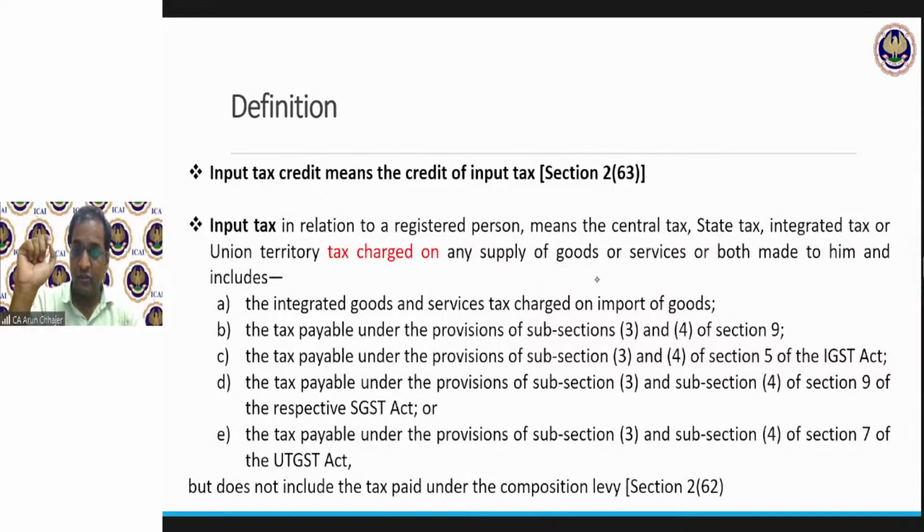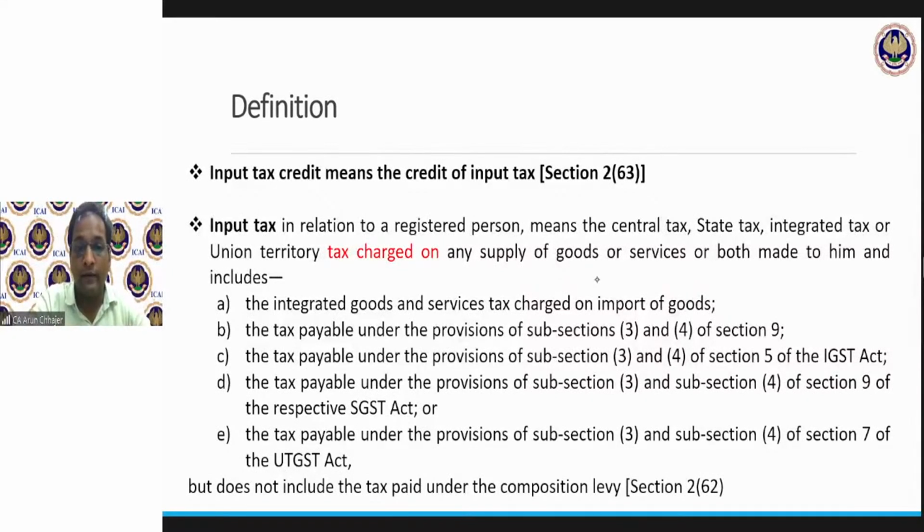So the answer is it will include custom duty and cess, and the reason is that section 15 subsection 2 says it will include 5 things, of which the first is tax, duty, surcharge, etc.